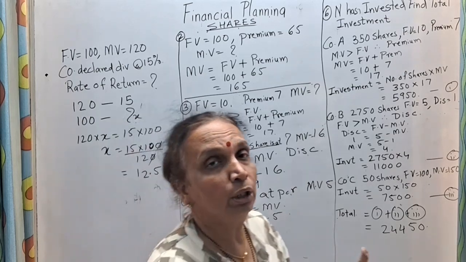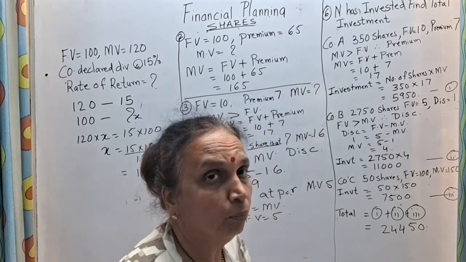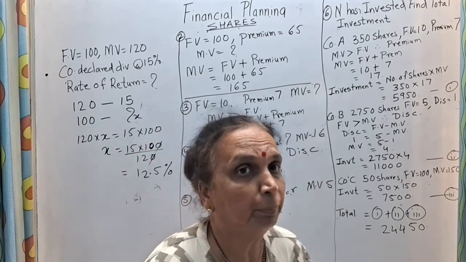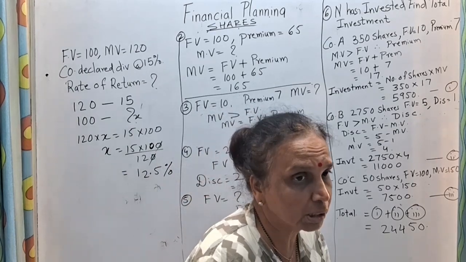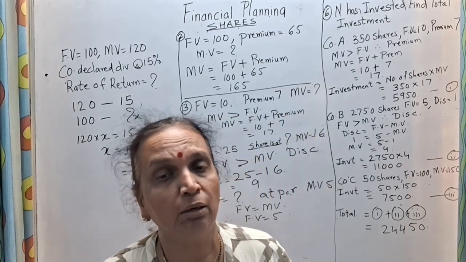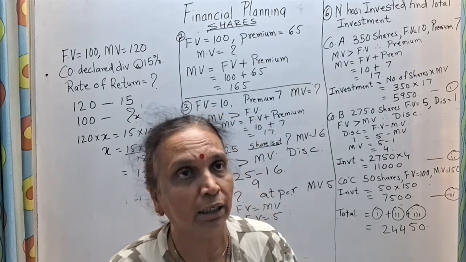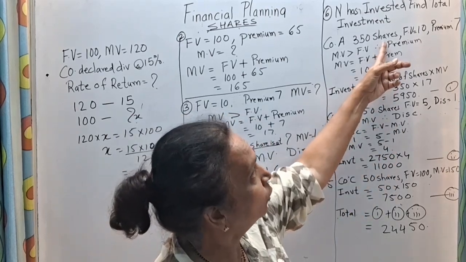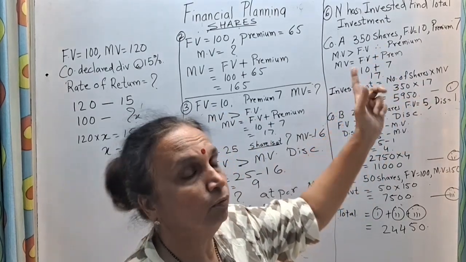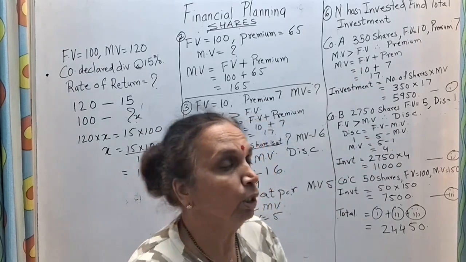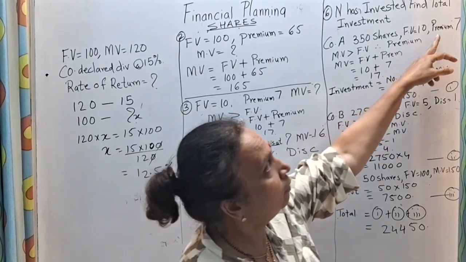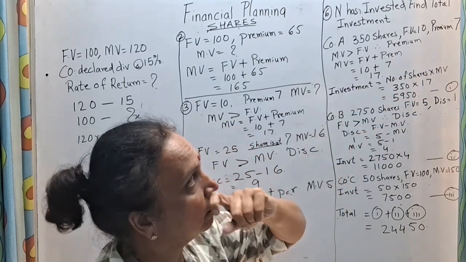So we don't know the market value in this case, and it is very important to know the market value for the investment purpose, because you have seen just now the amount invested is nothing but the number of shares into market value. Because market value is not given, it is necessary for us to find out the market value. To find out market value, they have already given us that it is at premium, that is 7.